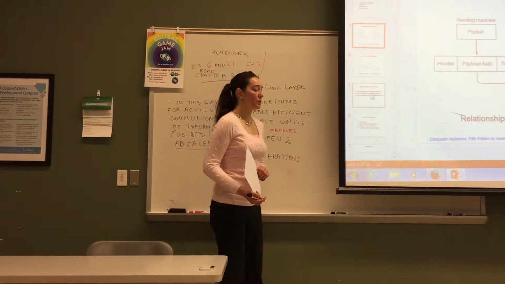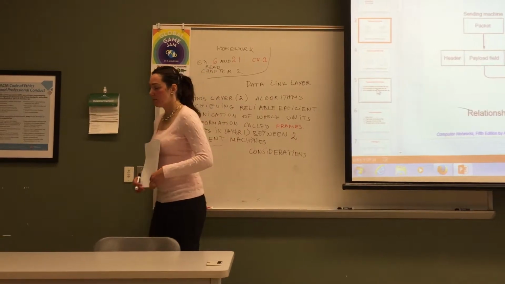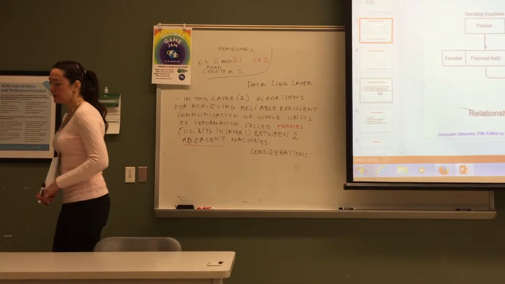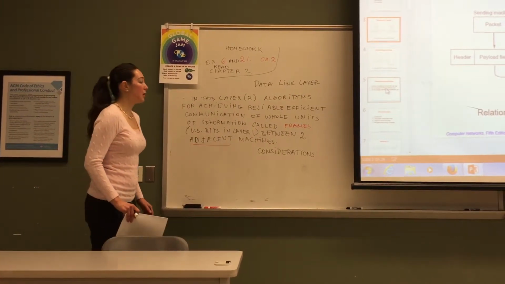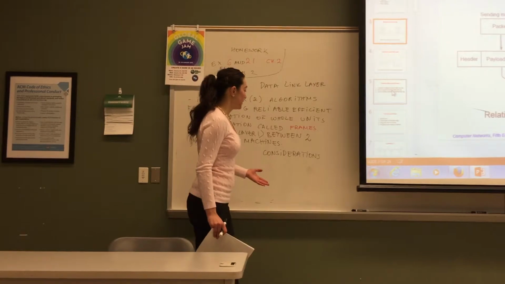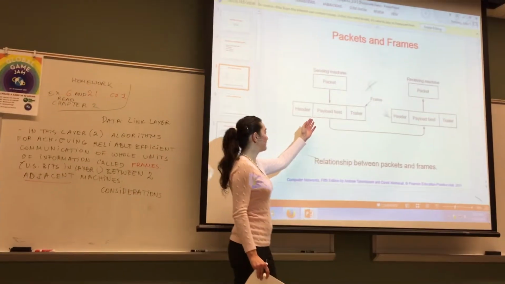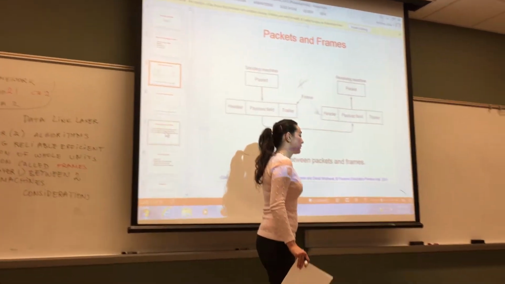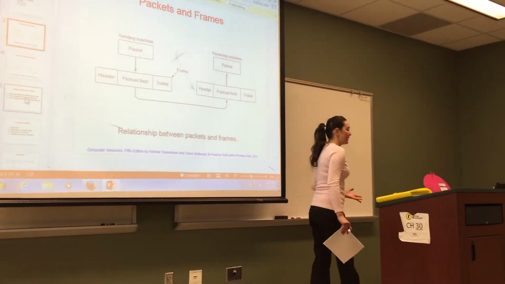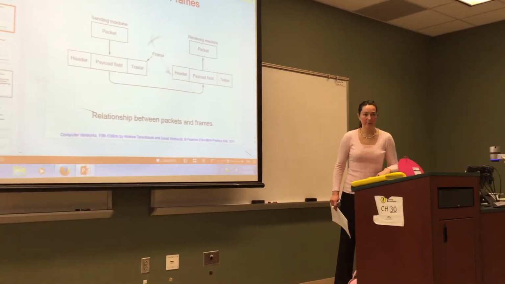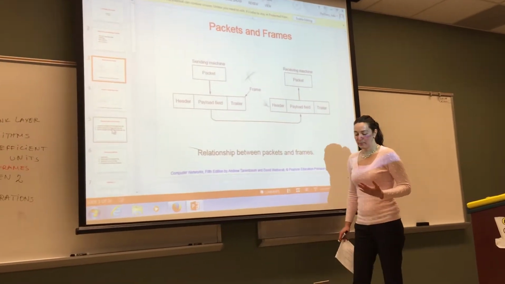The way we usually do this is with acknowledgements. Other ways to do it is through various error check techniques such as parity bits, which are added to the original data, in this case the payload field, before it is sent to the network, and then the receiving machine, once it gets it, will check these parity bits by calculating them in the same way as the sender, and they're supposed to match.